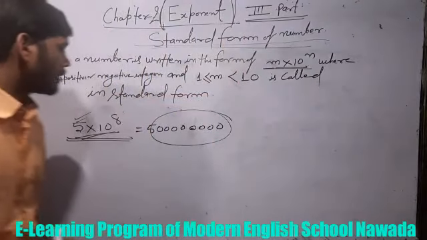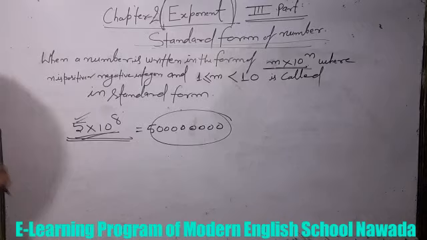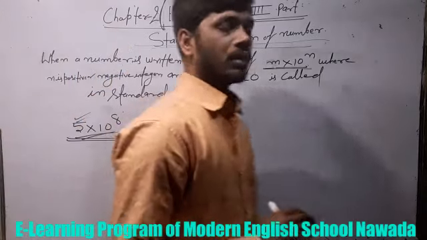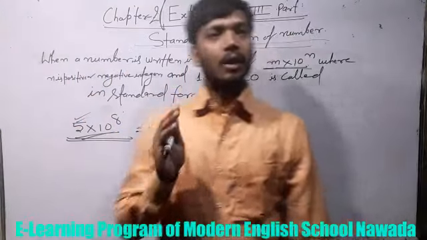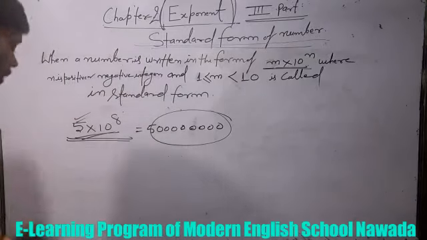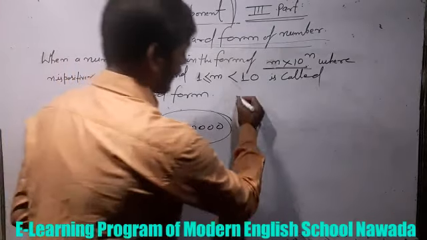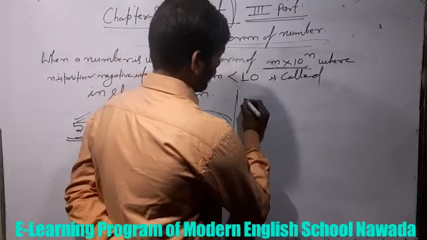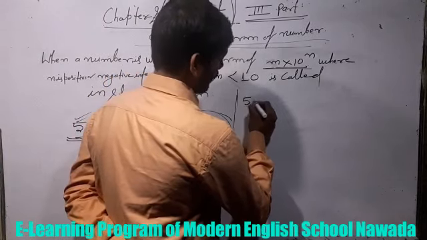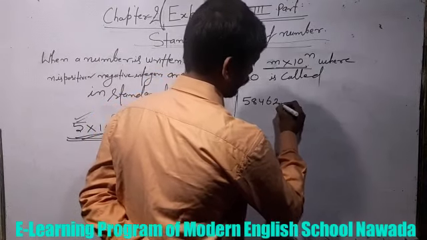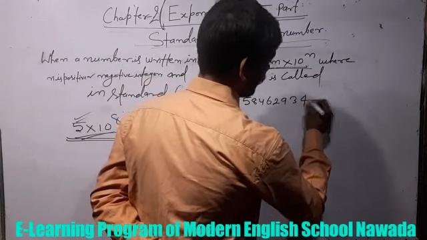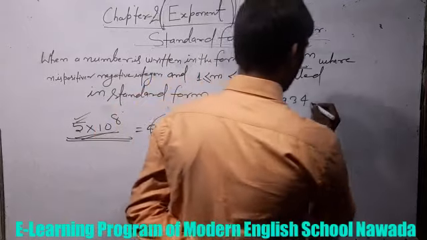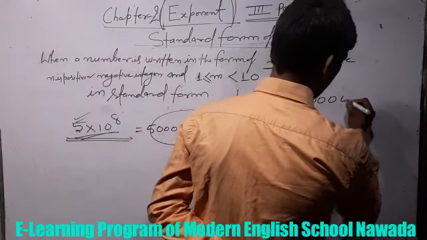Now we will discuss some questions, some numbers that we have to write in standard form. Here I write 5 8 4 6 2 9 3 4 followed by 0 0 0 0 0 0.